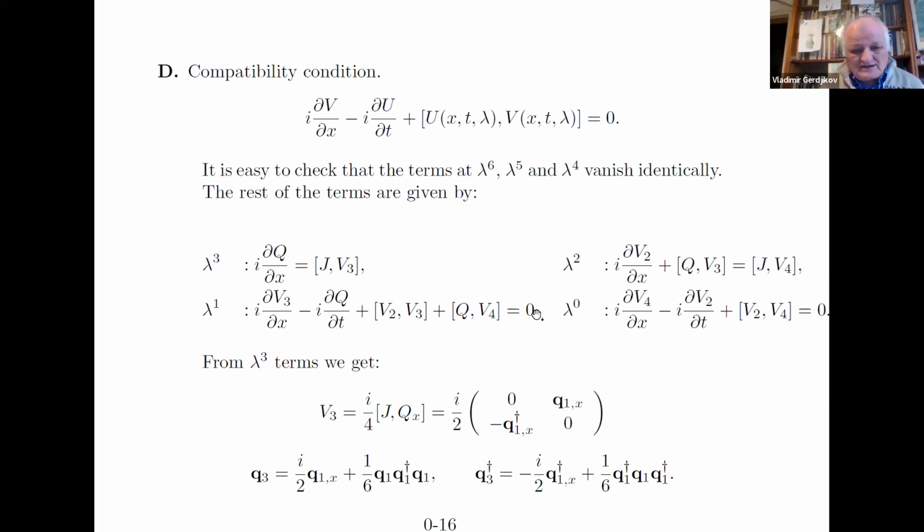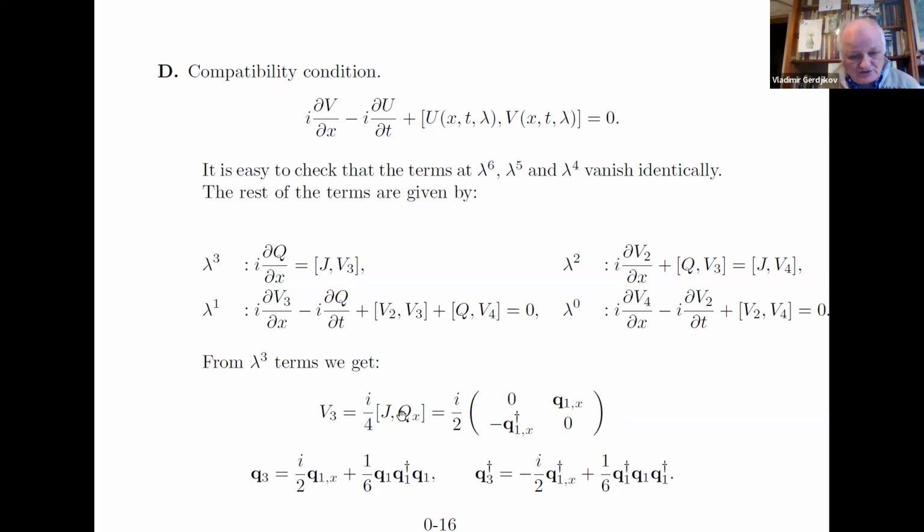Lambda to power 1 gives the equations, and lambda to power 0 gives another equation. So our result is that V3 is actually I over 2 times capital Q1x.